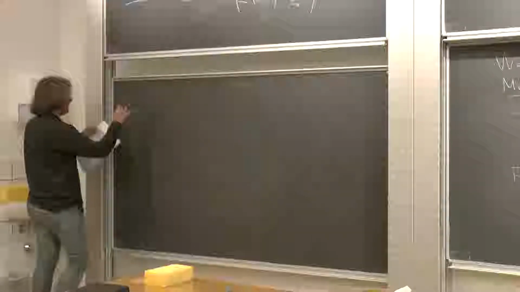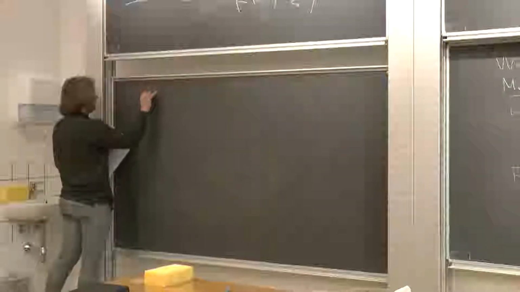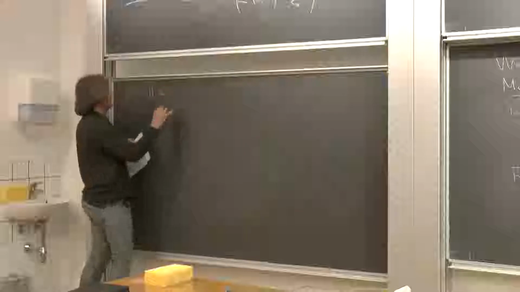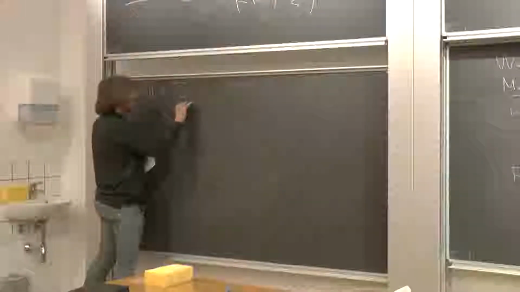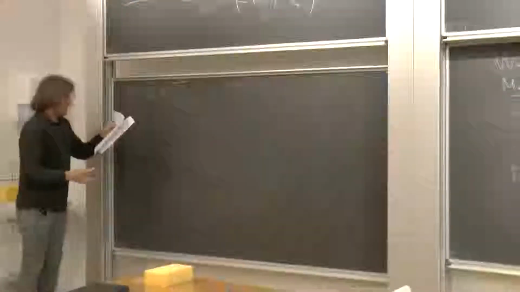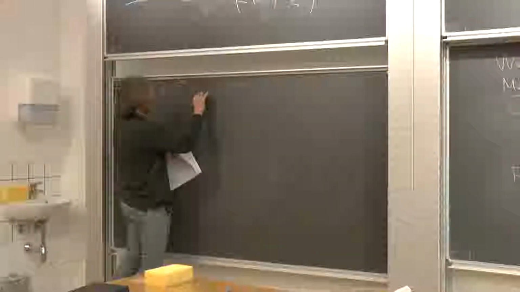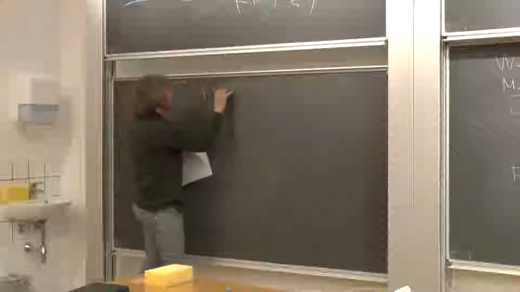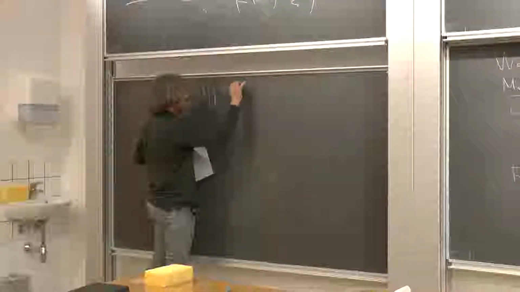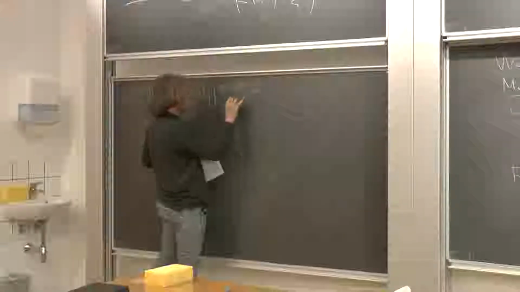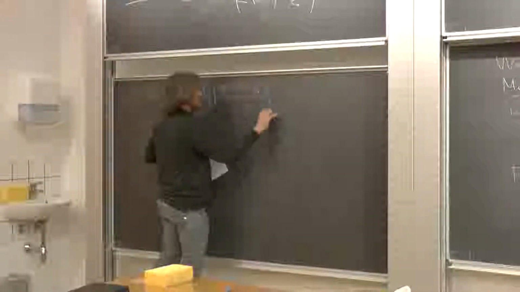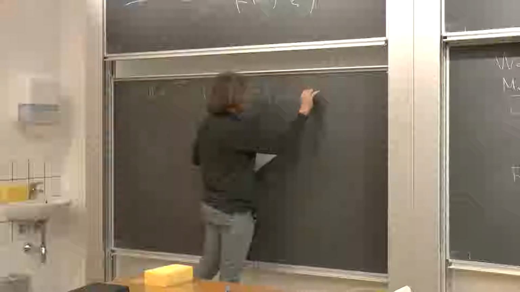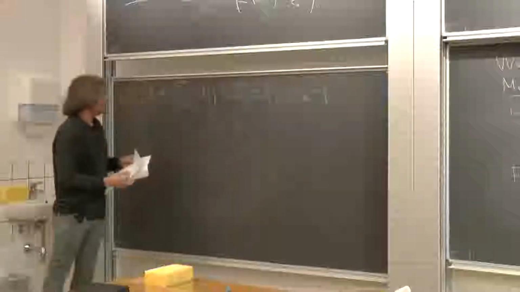The absolute value of b of h is less or equal to the sum.